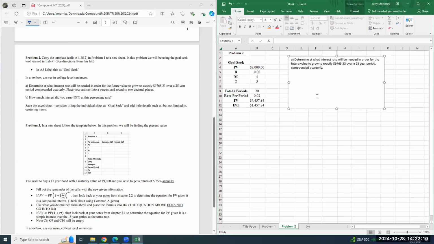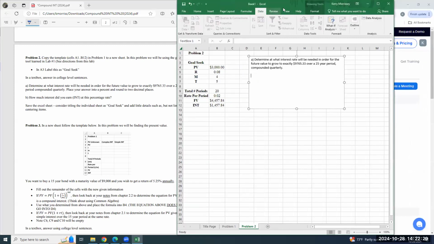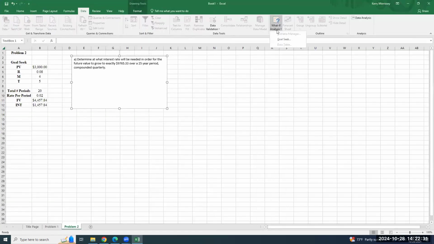So back in lab 1, where we talked about chapter 2.1, we were learning this goal seek tool in problem 2. In order to use goal seek, we go all the way up to data, and we do what-if analysis, and this is the goal seek tool.